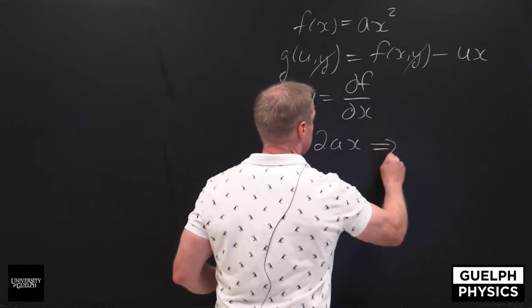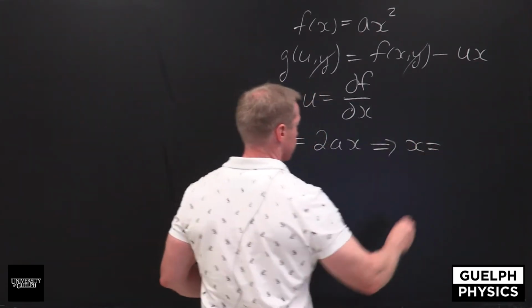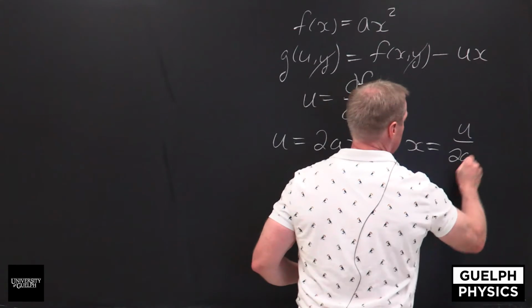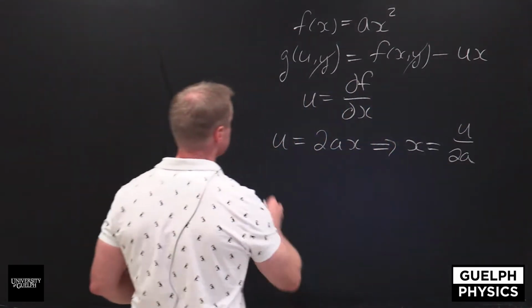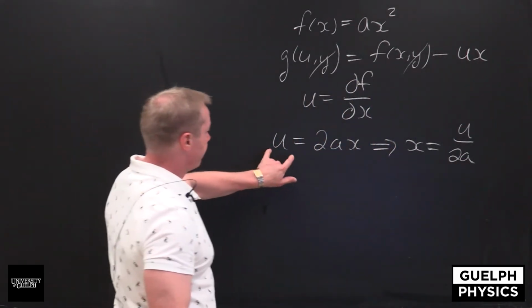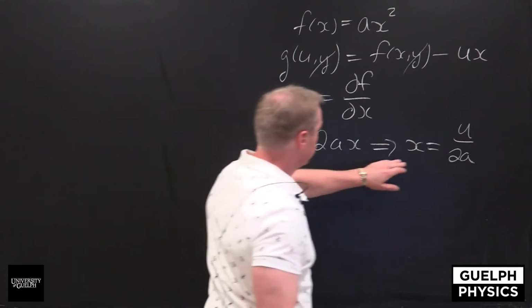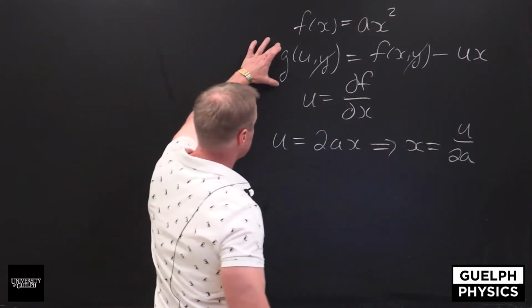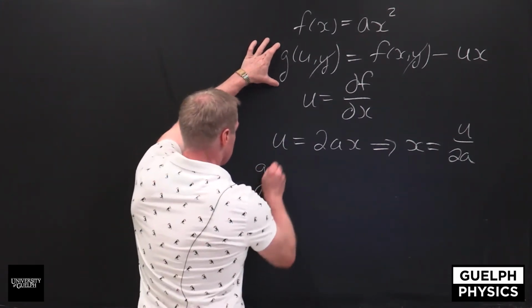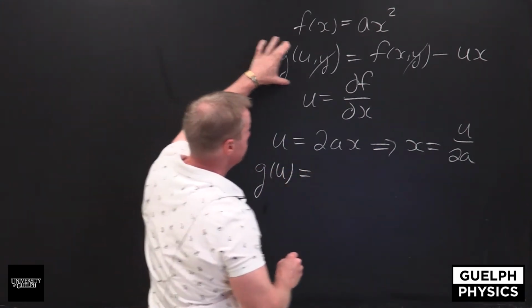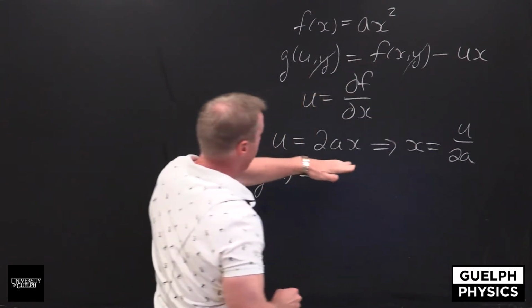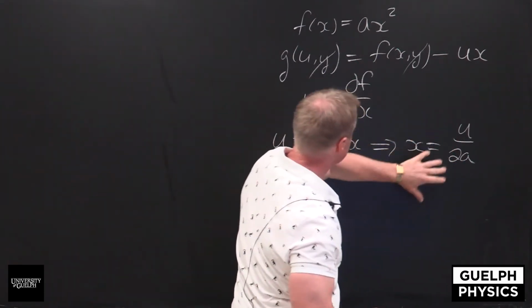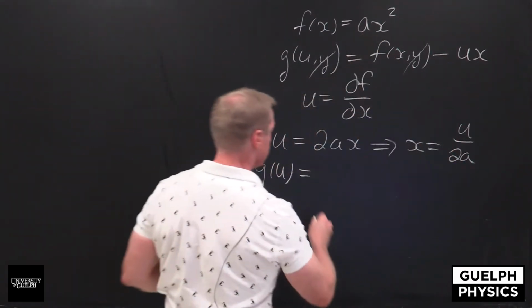2ax, and so x is u over 2a. Okay, so we have our definition for x in terms of u. So I construct my function g of u, and I plug this value of x into my original function.